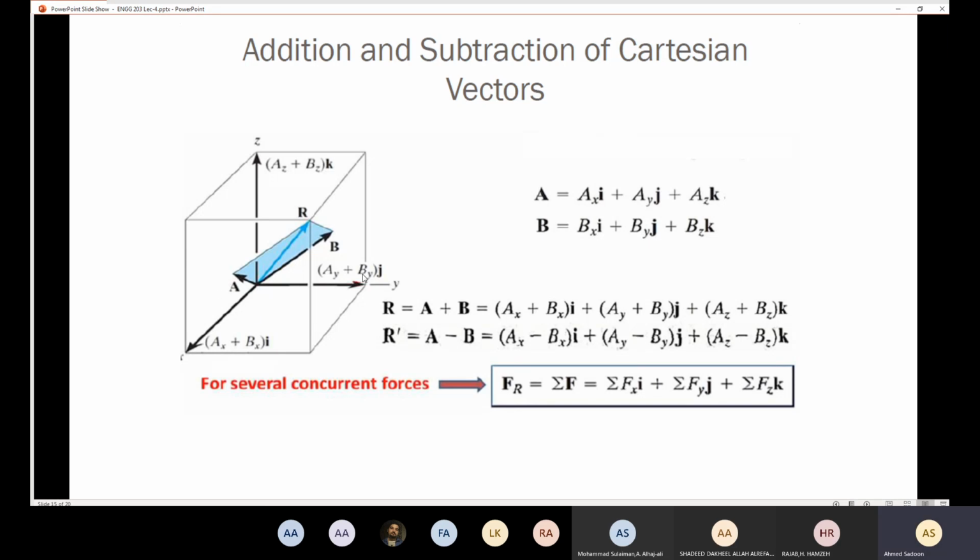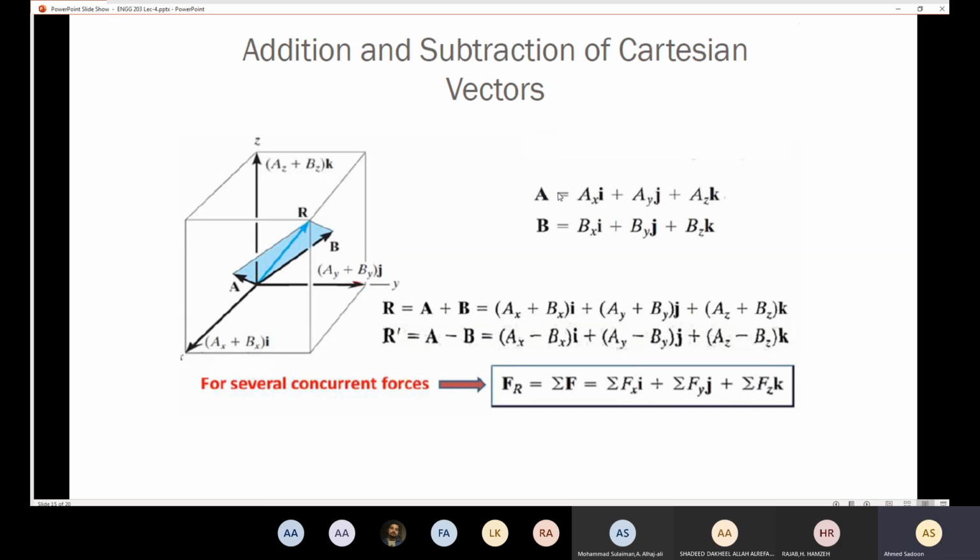Of course, if you do not use the Cartesian notation, it's going to be very difficult to handle this. But we use the Cartesian notation in order to make the operation very easy. So here I have vector A. Vector A is Ax i plus Ay j plus Az k. And vector B is Bx i plus By j plus Bz k. This one is vector B.